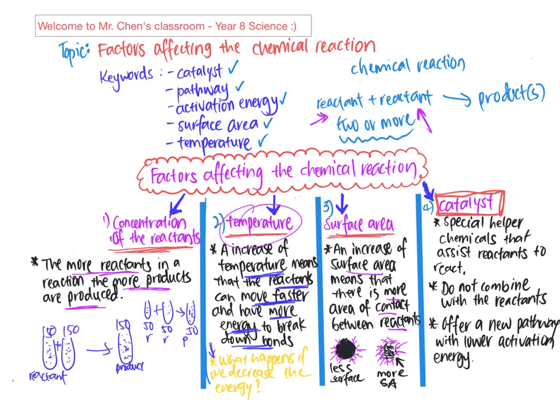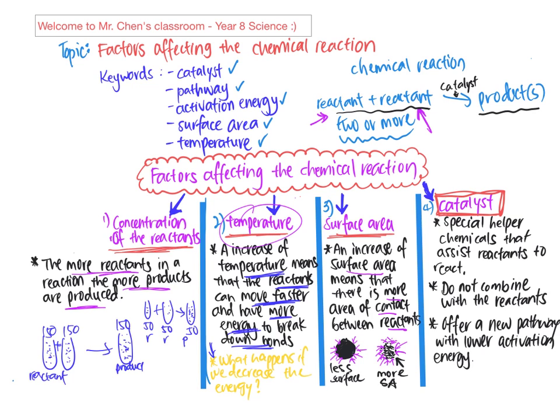You have your reactant plus reactant to produce product. However, if I put a catalyst here, which is normally written just above the arrow, when you add the specific type of catalyst to that reaction, it's going to speed up the reaction super fast.